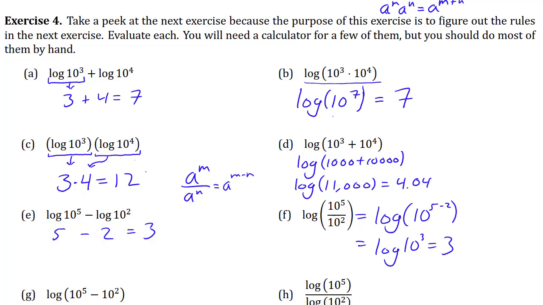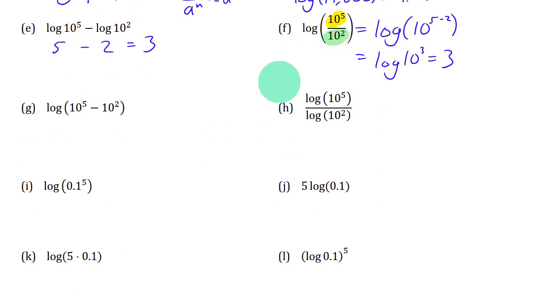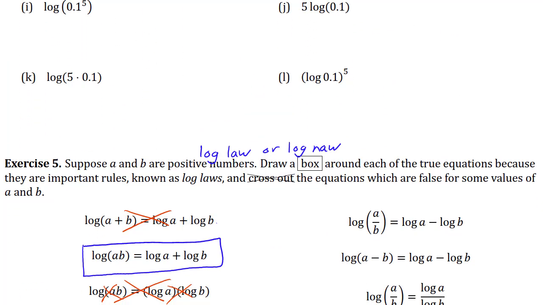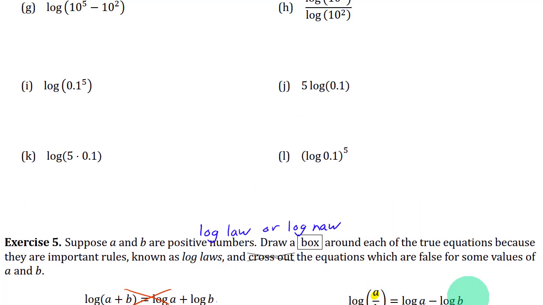Alright, so E and F are both subtracting the 5 minus 2 in different ways. So which of these rules look like log of something divided by something else? That looks like this one here. We have something divided by something else.